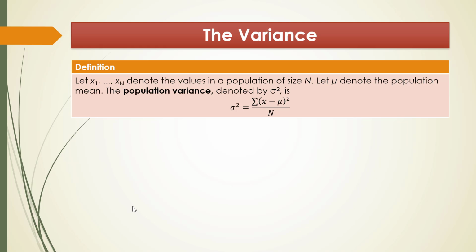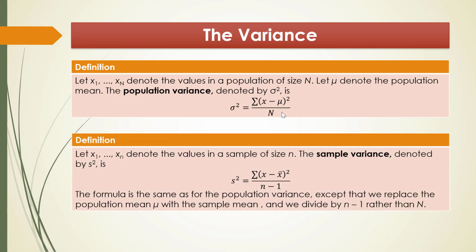The population variance, denoted by sigma squared, is the sum of the squares of the differences between each value and the population mean, divided by the number of observations. So sigma squared is the summation of (x minus mu) squared over N.